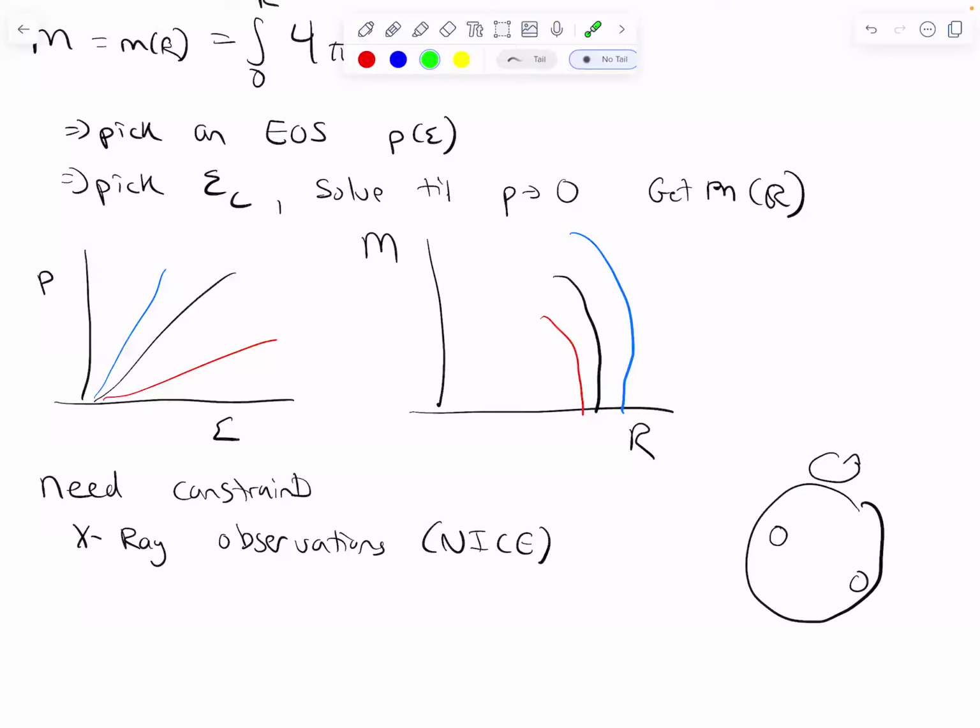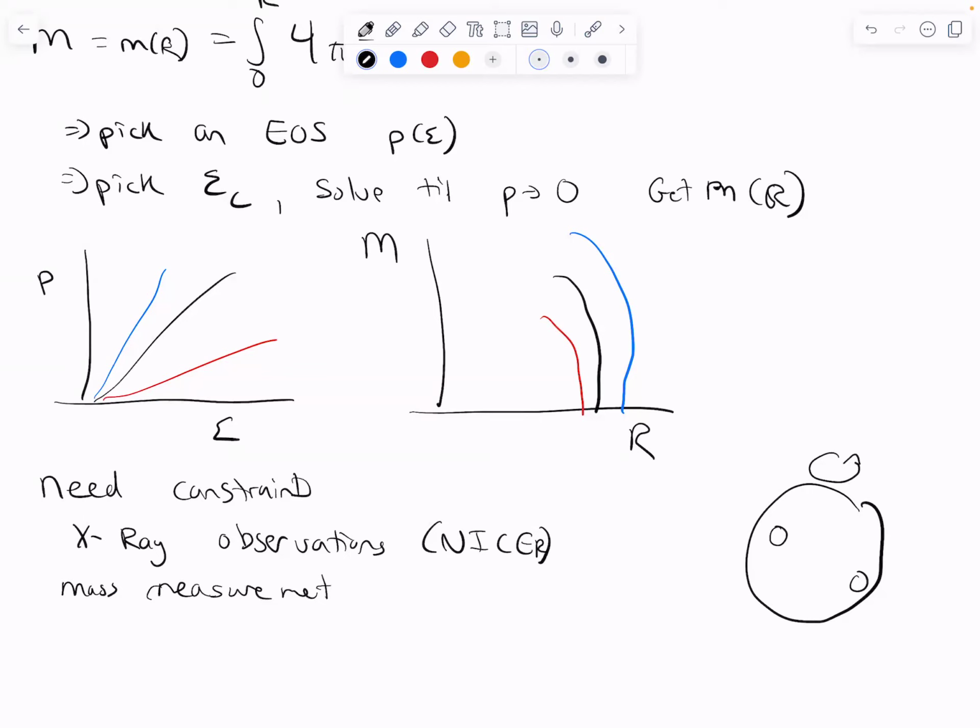And they watch over time how these two hotspots, for instance, are rotating around. And the longer they look at it, the better they can figure out what the radius of that neutron star is. And so that's one way of obtaining information about the radius. Well, mostly the radius. They typically find stars where they already know the mass well, and then they're extracting the radius from this. The next thing you can do is get mass measurements.